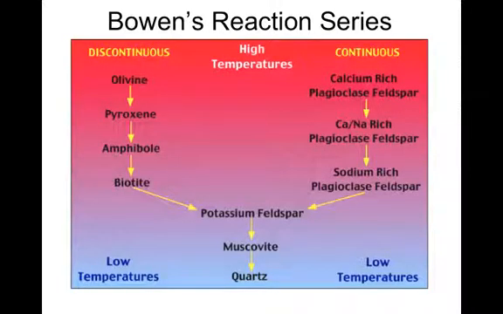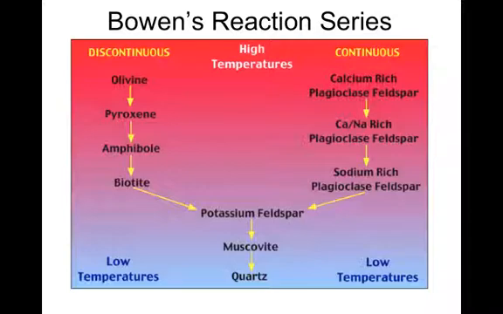We can relate the silica subclasses to Bowen's reaction series, and I hope you've seen Bowen's reaction series before. This is a series of minerals that crystallize from, let's say, a partial melt of the mantle, or basalts that come out of the mantle, and they come out at their highest temperature as melts, and as they cool, they crystallize.